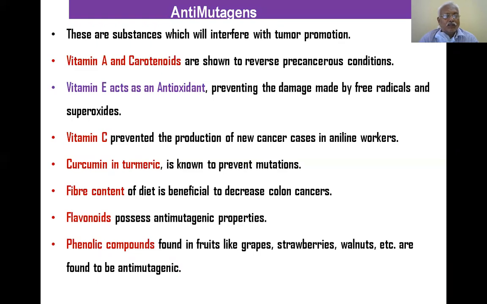Flavonoids. The flavonoids possess anti-mutagenic properties. And these flavonoids are abundantly present in the thick coat over lemon, orange, bataiva, all these fruits. They contain oil-containing glands, and these oil-containing glands have flavonoids.